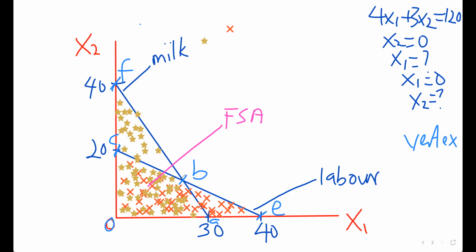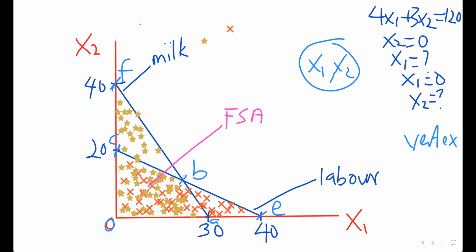One of the vertices is going to be the optimal solution point. Note that the optimal solution point is made up of X1 and X2 coordinates.